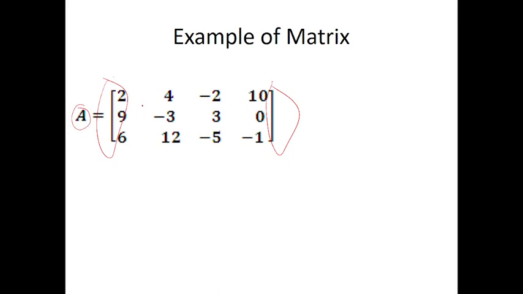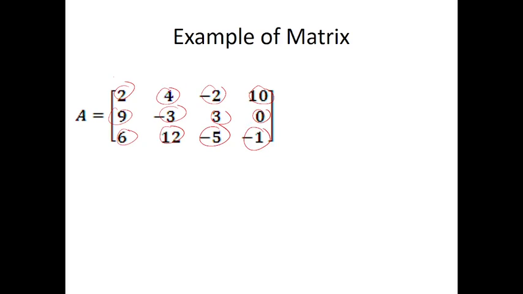A is equal to this matrix comprising the elements. We call 2, 4, negative 2, 10 the elements of the first row; 9, negative 3, 3, 0 the elements in the second row; 6, 12, negative 5, negative 1 the elements in the third row.